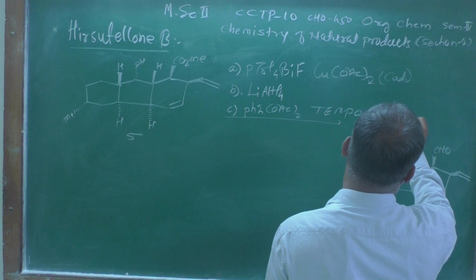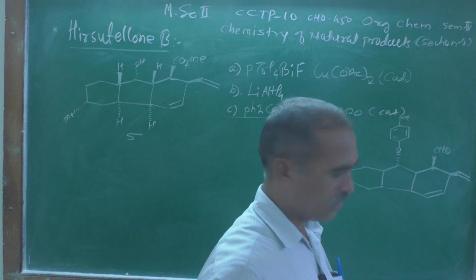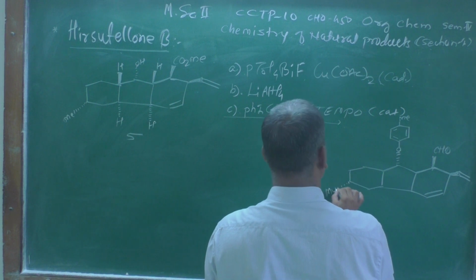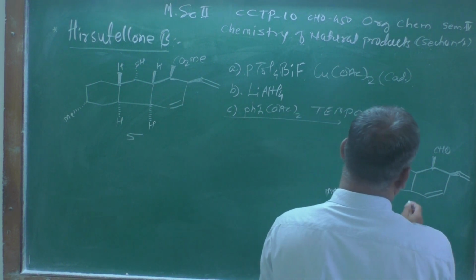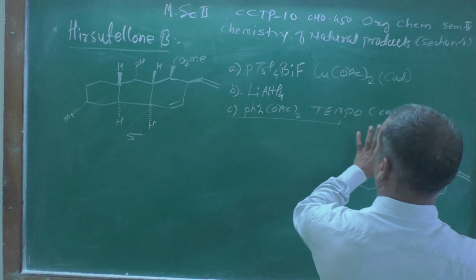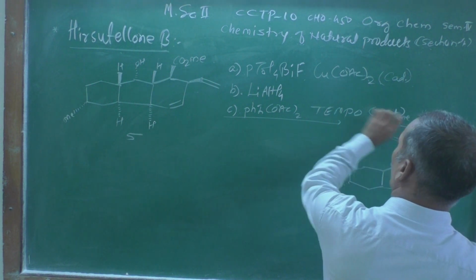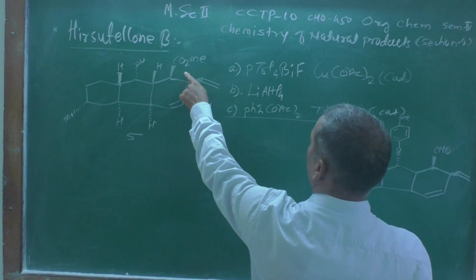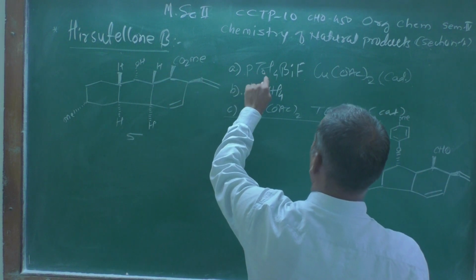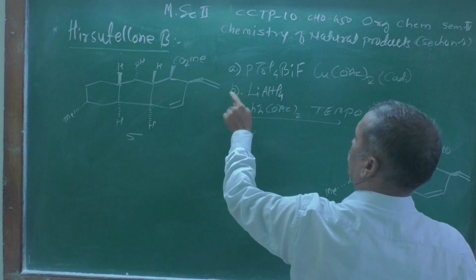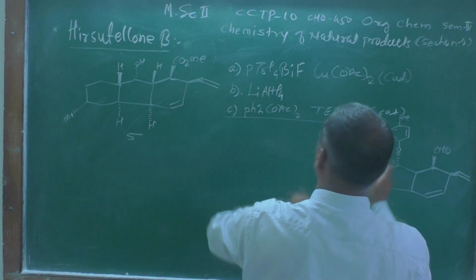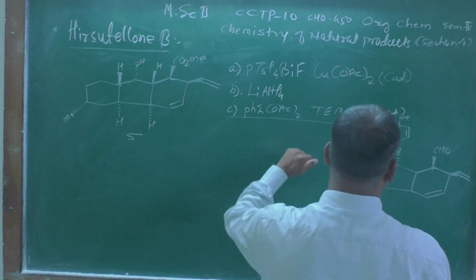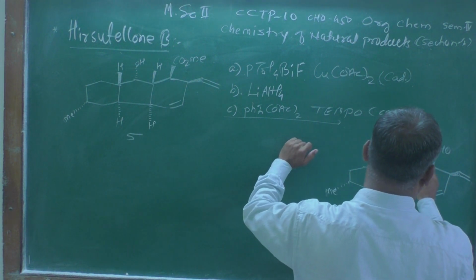Here is a methyl group, then rest of the thing remains as it is, methyl group over here. Only two changes are observed. One, ester group is converted into an aldehyde, and then due to this, that hydroxy group gets converted into an aryl ether, and rest of the thing remains as it is.